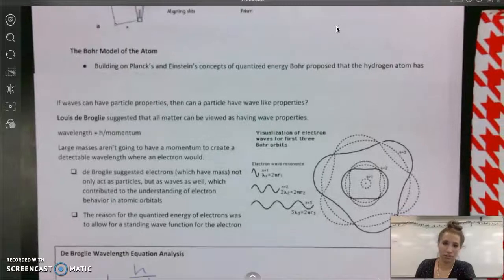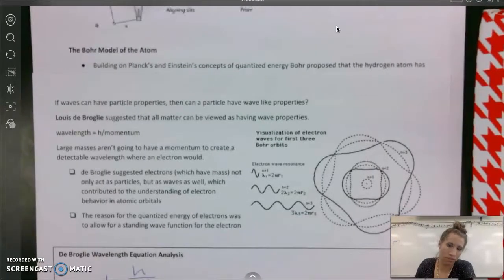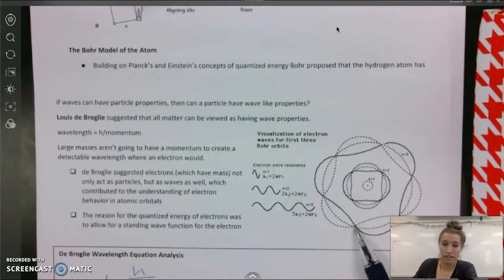If electrons have a specific frequency, they can create a standing wave with that specific energy or frequency, and so they can stay residing in that energy level. But if they have a frequency that is higher or lower, then it's not a standing wave.